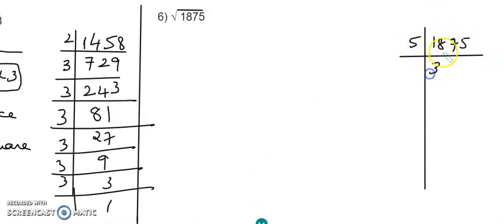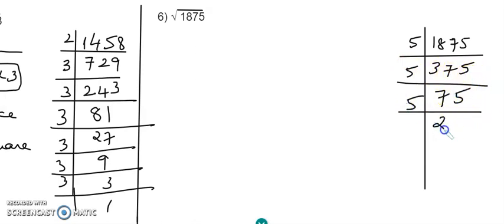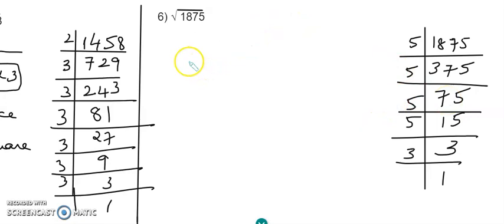So this will be 375. Then 7 fives are 35, and 75. Then again 5. 7 fives are 35, 25, 5. Then again 5, 5 threes are 15, 5 fives are 25, 1. Clearly we can make out that 3 is the one which is single, appearing only once.